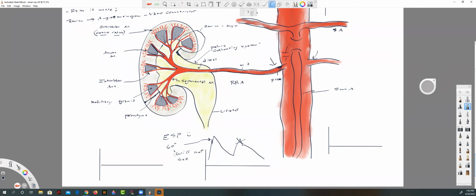At maybe a 30-degree angle or less, you will see it. And that's important because some books tell you that you have to find the ESP. If it's not there, it's unusual. Well, no, you have to be at a really good angle because this is a very sensitive measurement, very sensitive finding.